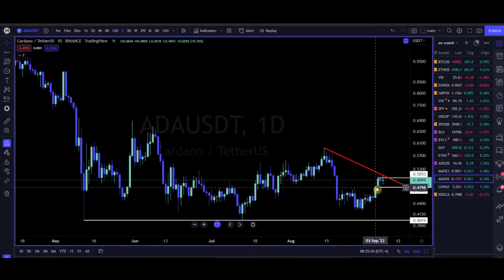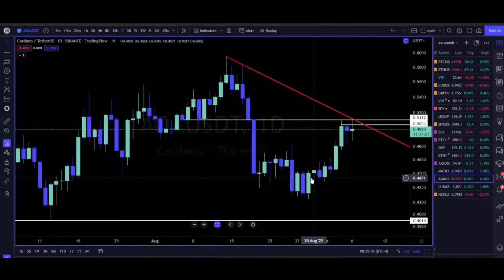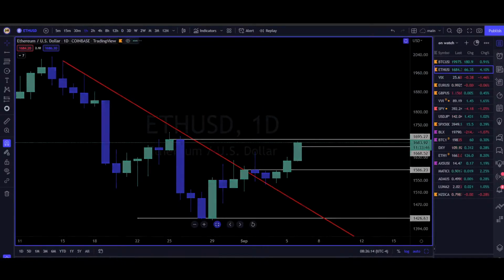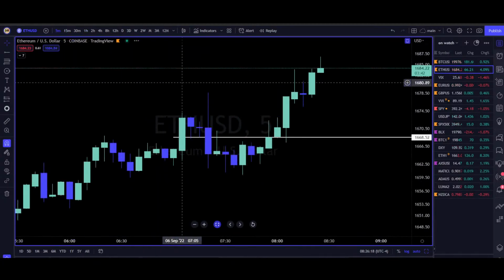This is old support. That's why we took the short entry. But with Bitcoin dominance cruising to the downside, alts are pumping. Ethereum, fresh high of day. It's moving to the upside with haste. So we're probably going to leave this one alone.